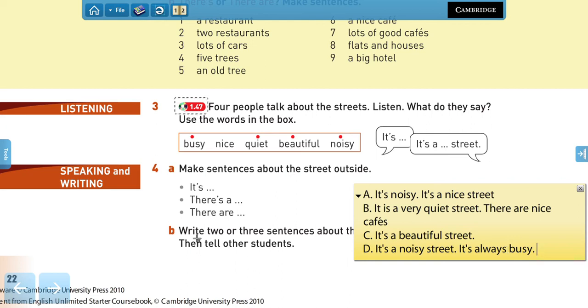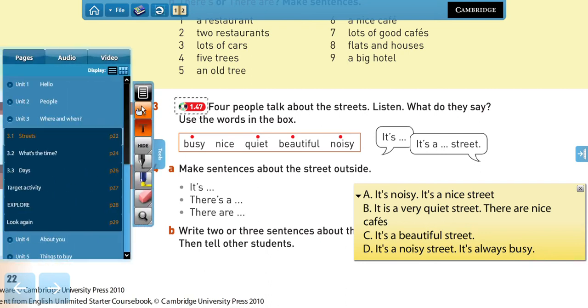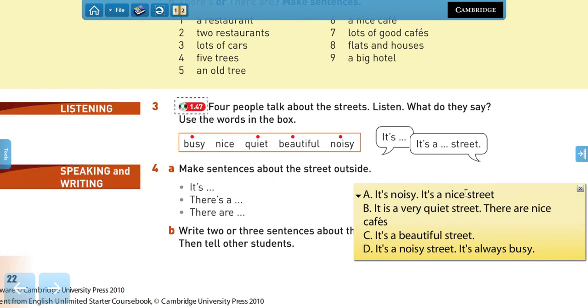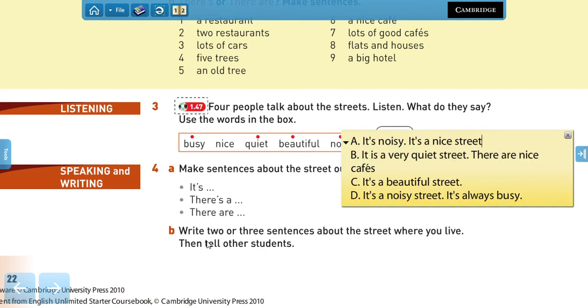Good. Now, can you do activity B in this case? And try to think about how is your street. Just write 2 or 3 sentences about the street where you live, right? And then I'm going to ask you in our next session. My street is very quiet, very, very quiet. There are nice trees, lots of nice trees, right?